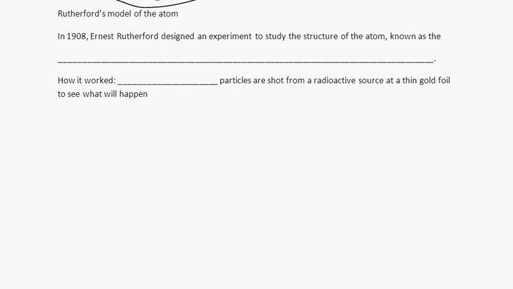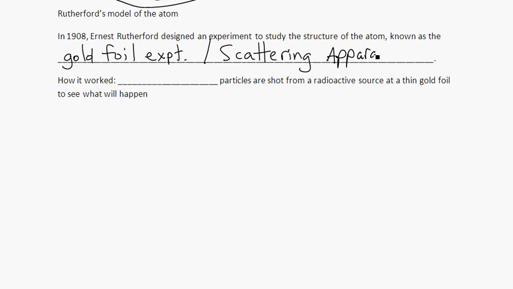So Rutherford's experiment is called the gold foil experiment. Another word for it is the Rutherford scattering apparatus. And what they did was brilliant.